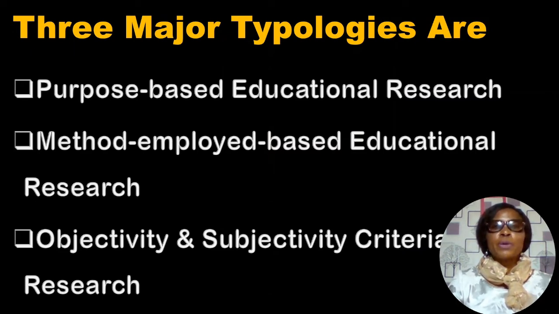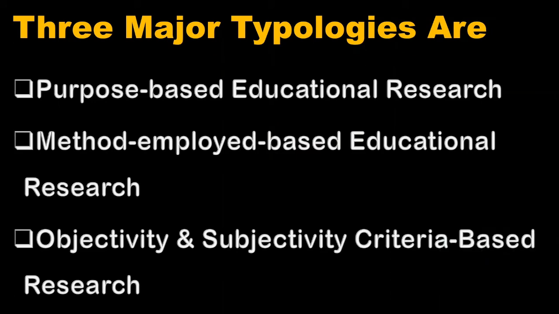These major typologies are purpose-based educational research, method-employed-based educational research, and objective and subjectivity criteria-based educational research. So these are the 3 major typologies we have in educational research, and in this lecture I'm going to take them one by one.